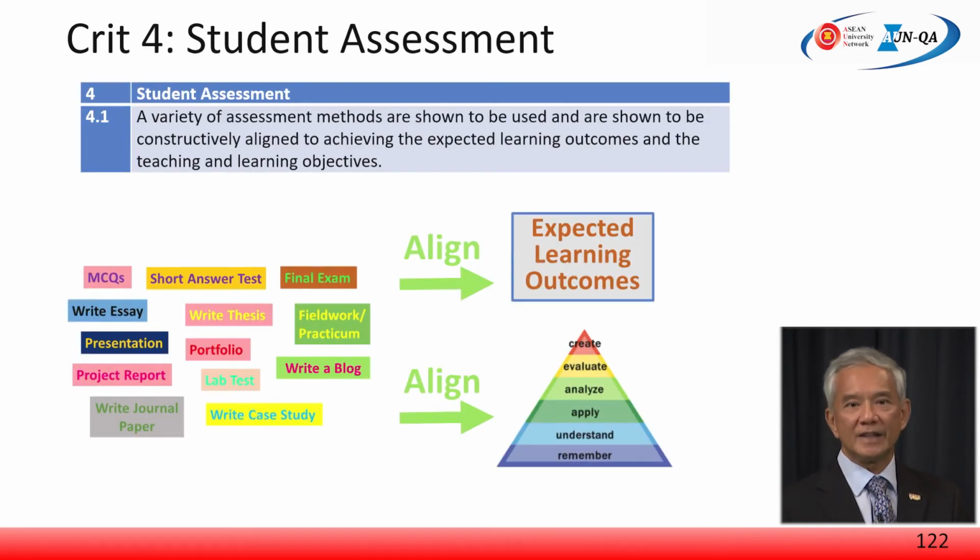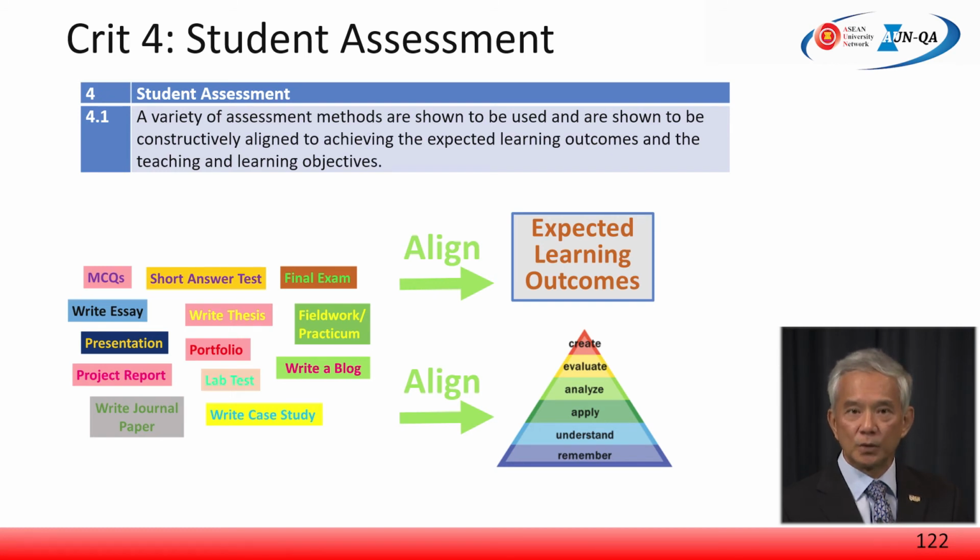So, having discussed concepts in student assessment, we now look at the requirements one by one. Requirement 4.1. Use a variety of assessment methods. They must, 1. With proper documentation, be shown to be aligned to achieving the expected learning outcomes and the teaching and learning objectives.